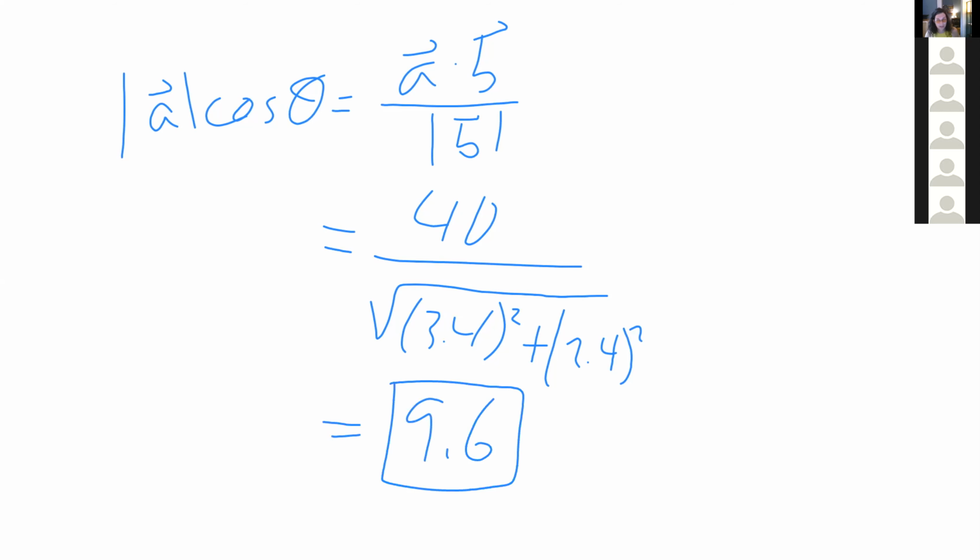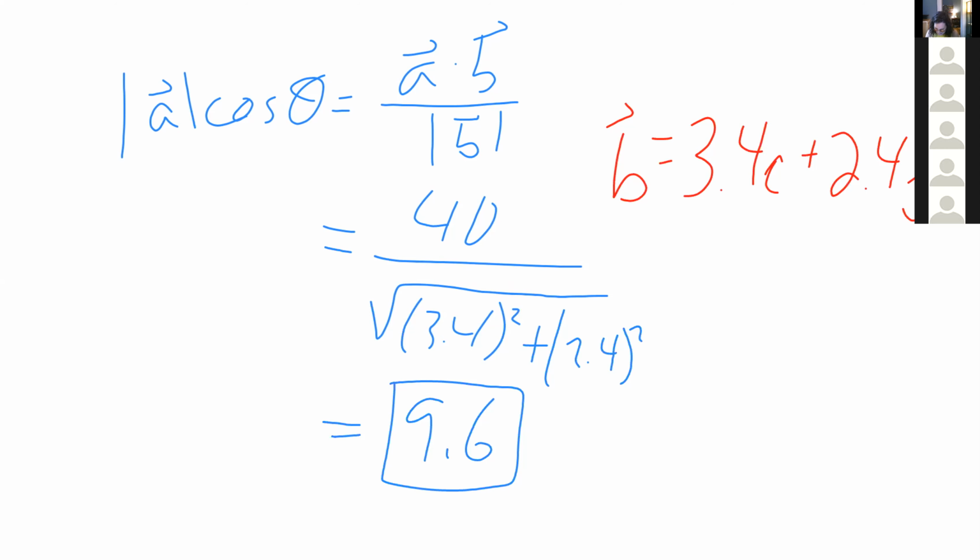All right. What are the bottom two values again? Those come from my B vector. You'll have a different B vector in your problem, but mine is 3.4 i hat plus 2.4 j hat. This is what my problem gave me in the red there.